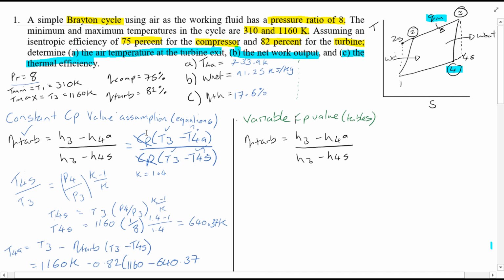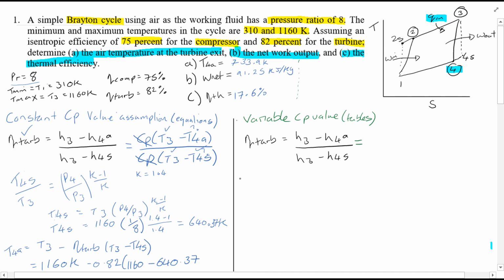But this time we're not going to use the constant CP value. We are in fact going to calculate the actual values of enthalpy using the Thermodynamics Property Tables Booklet, and as a result, accounting for this variable CP value will give us a more accurate result, and we'll compare at the end to see how far off our equations were.